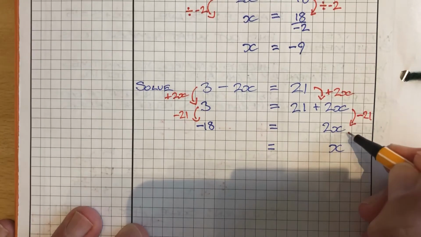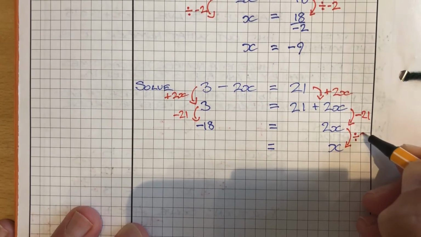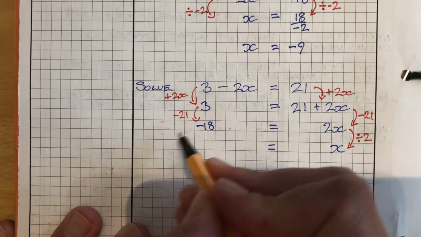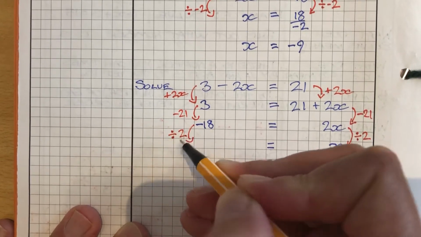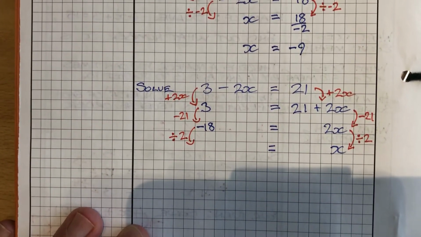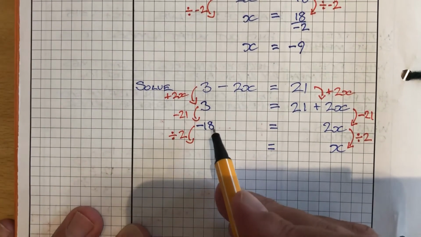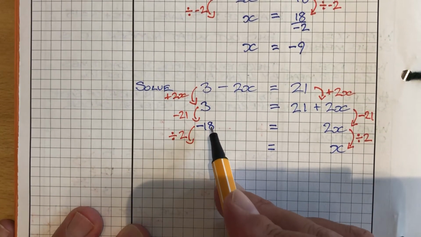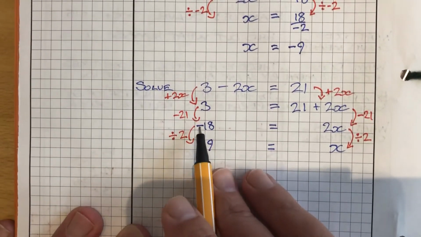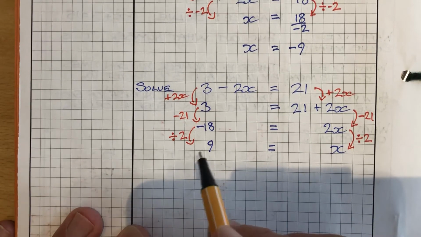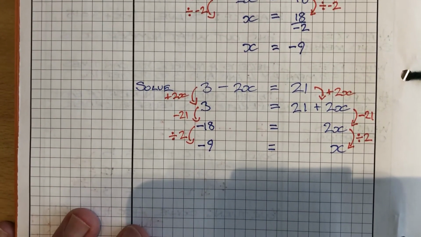How do I do that? Well, I get rid of the times by 2 by doing the inverse of times by 2. I do divide by 2, and I do it on both sides. So negative 18 divided by 2. Well, again, deal with the size of the answer. 18 divided by 2 is 9. Negative divided by positive is negative. Negative 9 equals x.